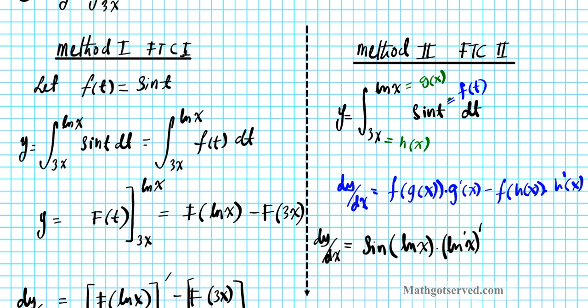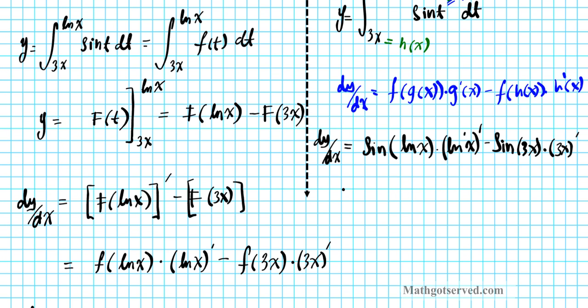All right, that minus f of h of x, the function f evaluated at the lower limit of integration, sine 3x times the derivative of h, 3x prime. All right? And then our answer is going to be equal to sine ln x times the derivative of ln x, which is 1 over x, minus sine 3x times the derivative of 3x, which is 3.